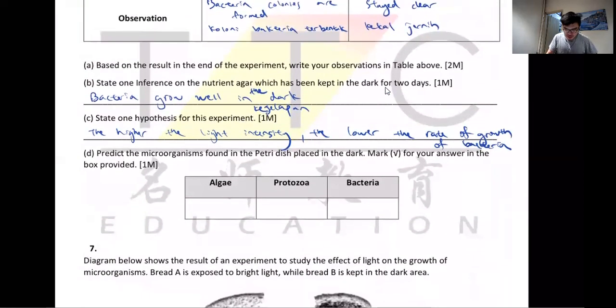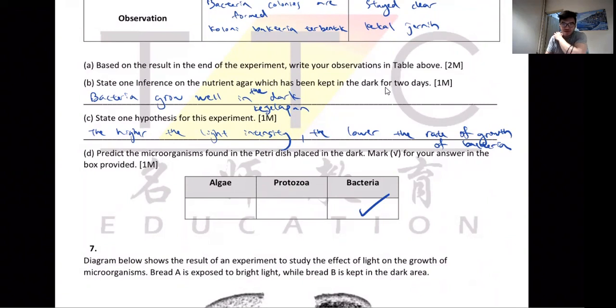All right, so D, predict the microorganism here. I would say this is bacteria, although protozoa can be this way too. Protozoa is almost the same thing, unless they have chlorophyll. If they don't have chlorophyll, they grow in the dark.